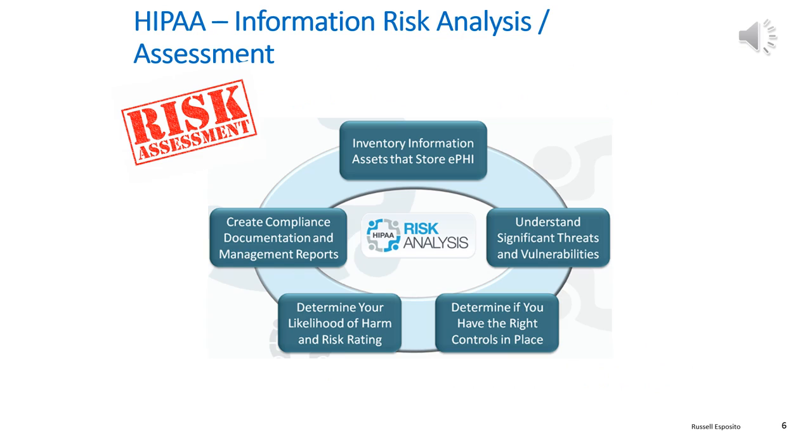So HIPAA also requires a risk analysis and assessment. Essentially, there's this term PHI, patient health information or personal health information. And it could be paper, it could be electronic. You'll see in the top center of this circle a term, EPHI, electronic PHI.